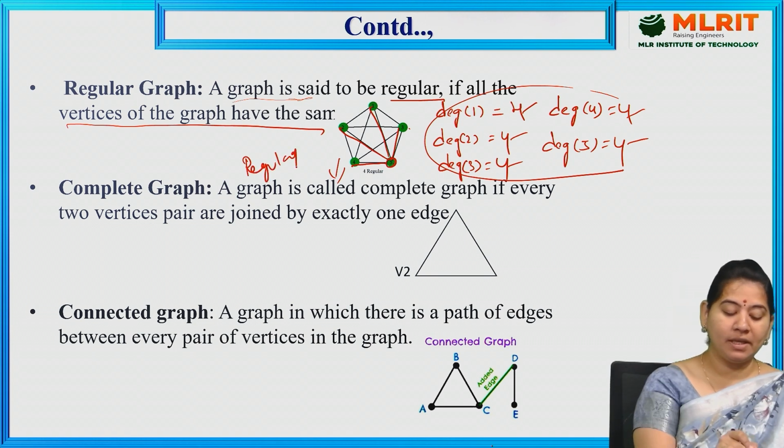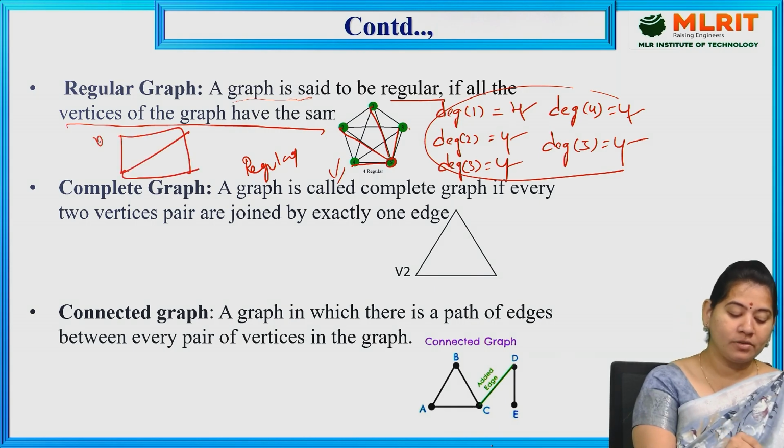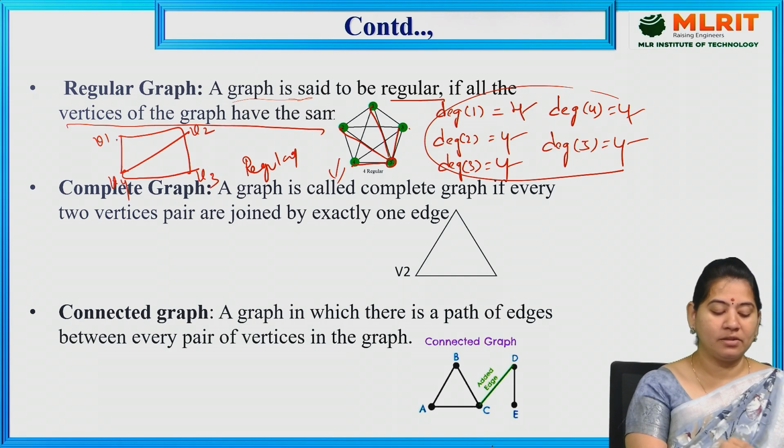Let me take one more example and verify whether it is a regular graph or not. This is vertex V1, this is V2, this is V3 and this is V4. What is the degree of V1?